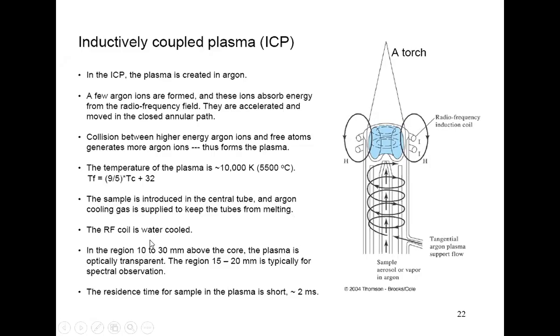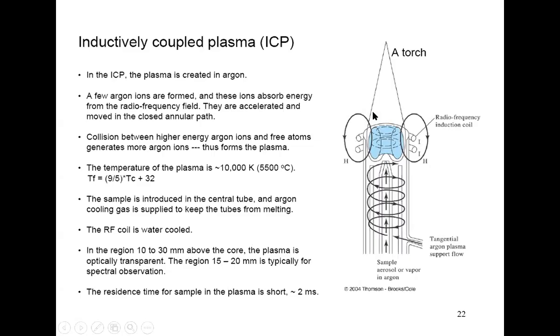You can see there in the region about 10 to 30 millimeters above the core. You see here, this is where the radio frequency, a lot of ionization is going to occur, because you're ionizing the atoms by radio frequency.